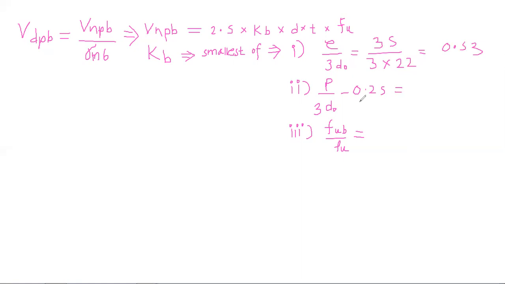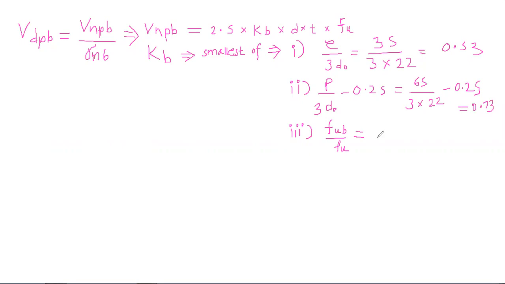After that, P divided by 3D0. P is again the pitch value. Pitch value is 65 mm. 65 divided by 3 multiplied by again 22 mm, minus 0.25. This value comes out to be near about 0.73.